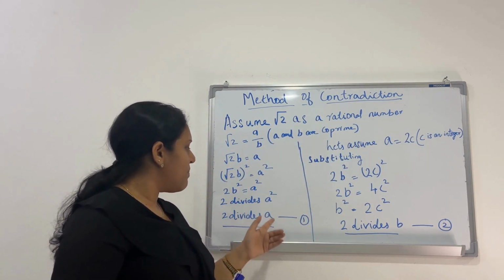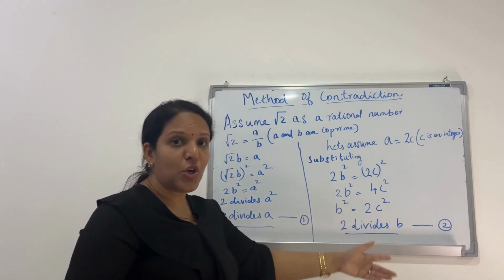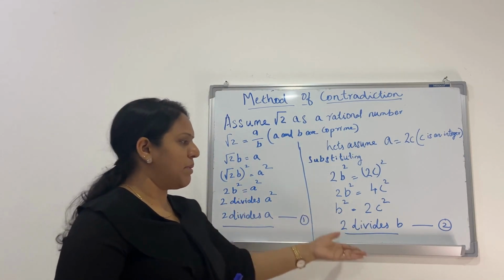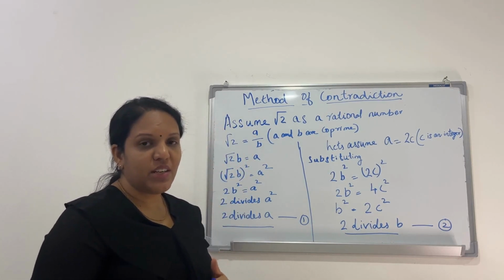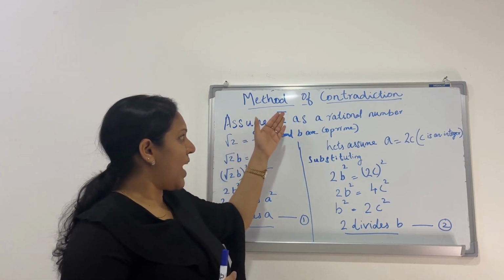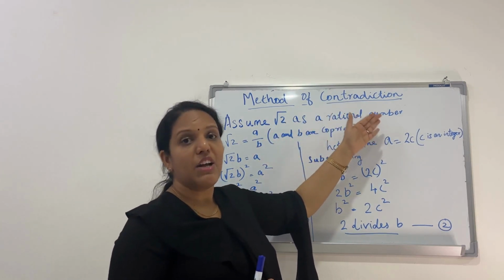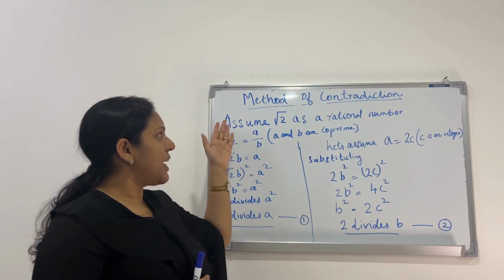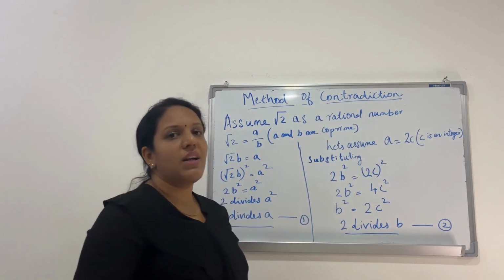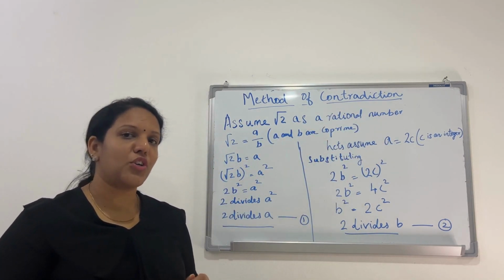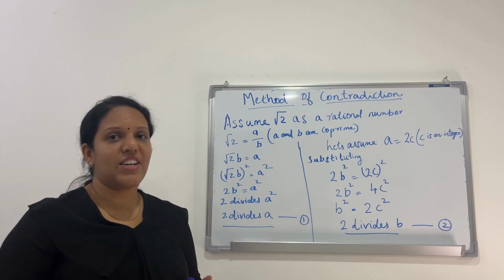But we proved number 2 is also a common factor of a and b. Hence, our initial assumption, which is square root of 2 as a rational number, is wrong. Hence, we can say square root of 2 is an irrational number.